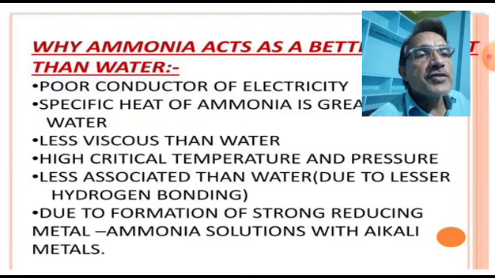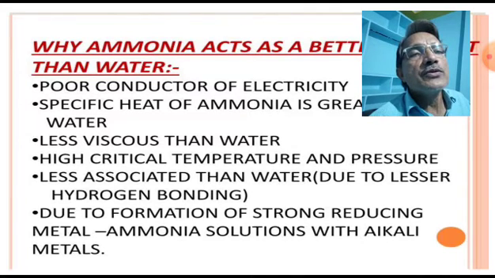Due to formation of strong reducing metal ammonia solutions with alkali metals, it means liquid ammonia readily reacts with alkali metals, forming metal ammonia solutions. These metal ammonia solutions act as strong reducing agents.